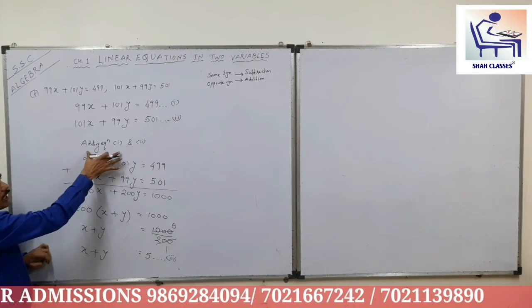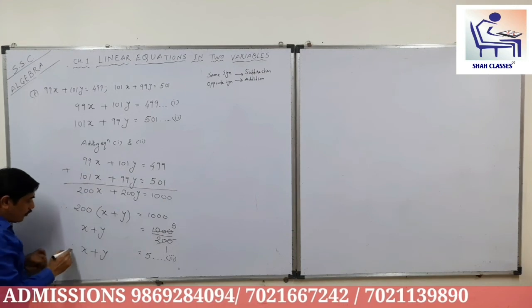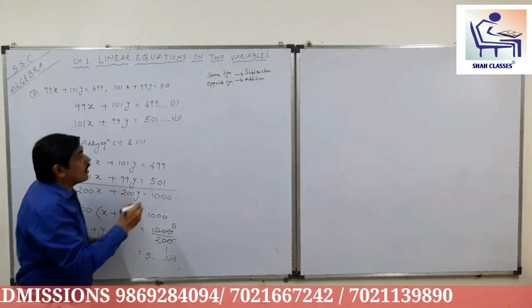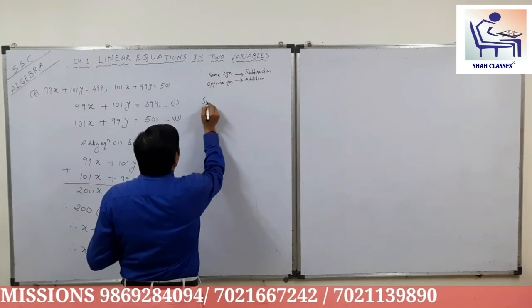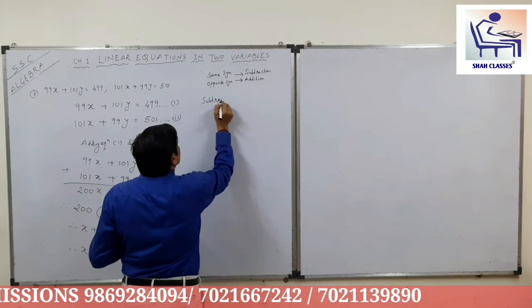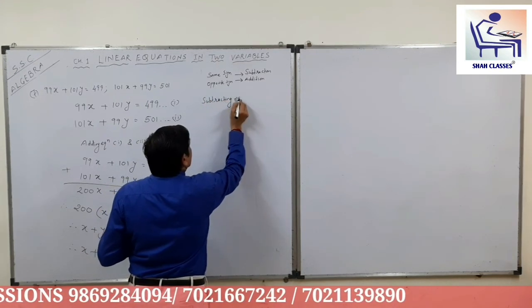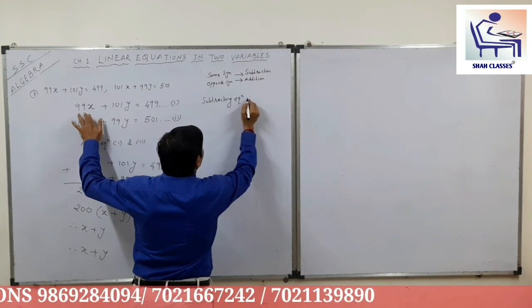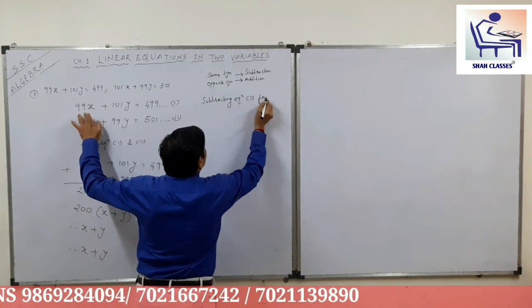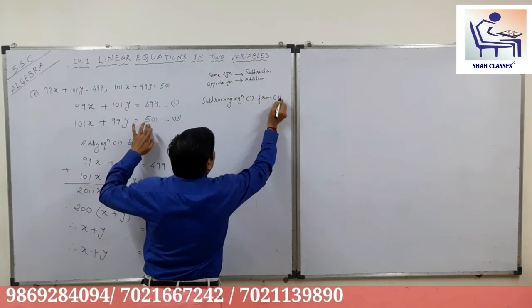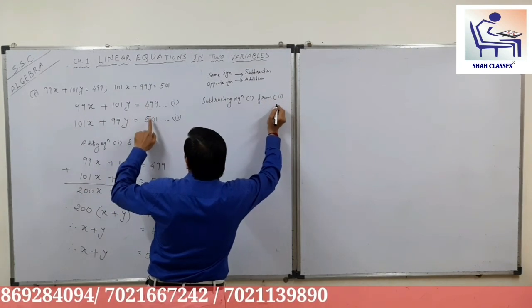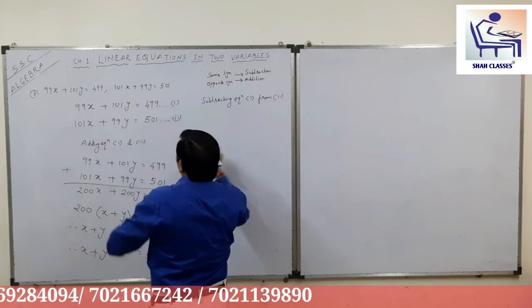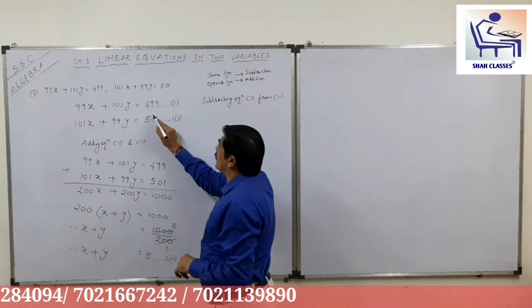So once we have done the addition, now we will go for the subtraction. So subtracting equation 1 from 2. You can see this number and this number, you can just make out that this number is bigger than this.